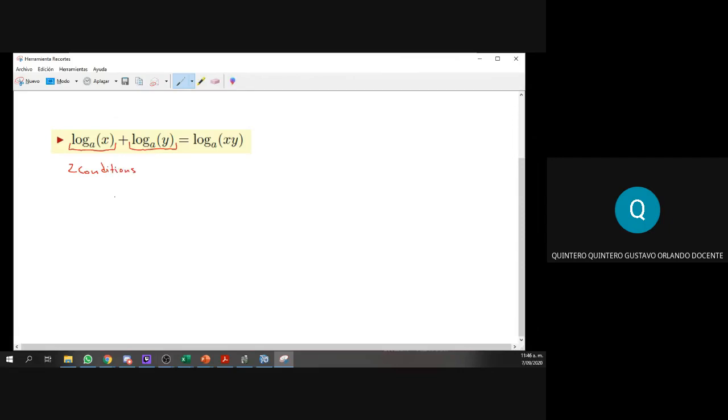Number 1, the first condition: both logarithms have to have the same base. Whenever the logarithms have the same base, and the second condition, in the middle of the logarithms, you have an addition.